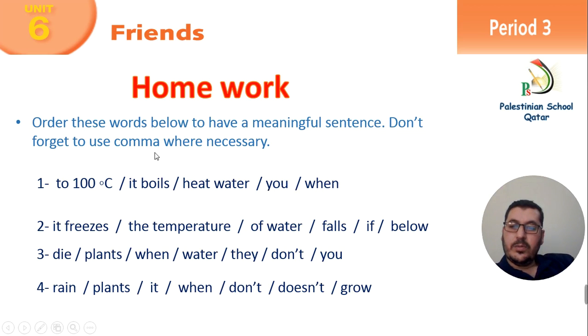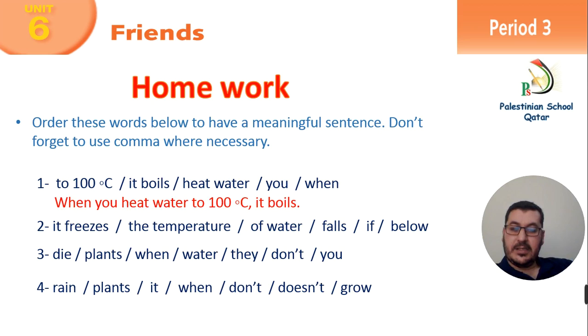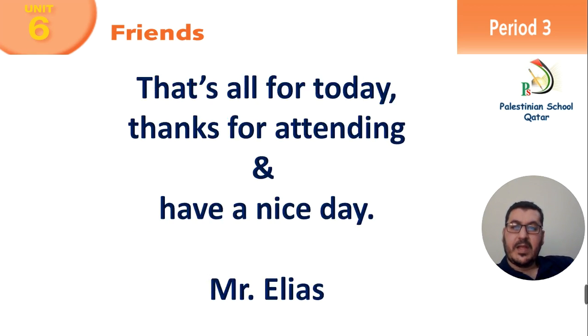You need to reorder these words to make a meaningful sentence: When you heat water to 100 degrees centigrade, it boils. I will leave numbers 2, 3 and 4 as homework to order them and put them in your notebook as well.